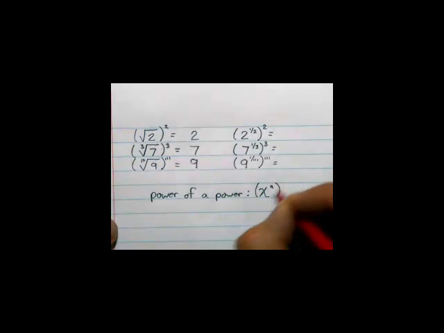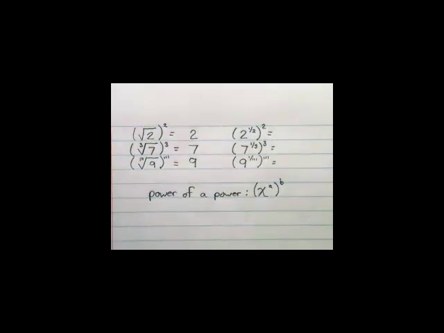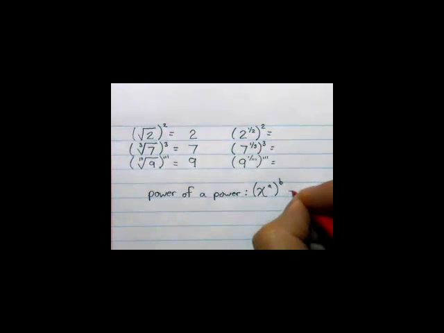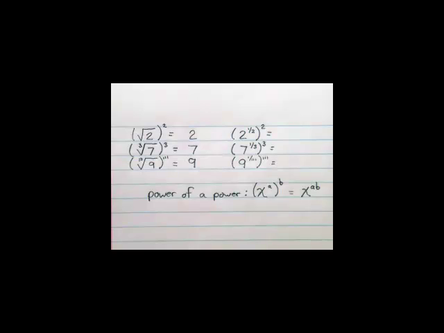if you have a power, x to the a, with a power on top of that, to the b, you can just take these exponents and multiply them. Okay, so do you see how I have a bunch of power of powers in there then?